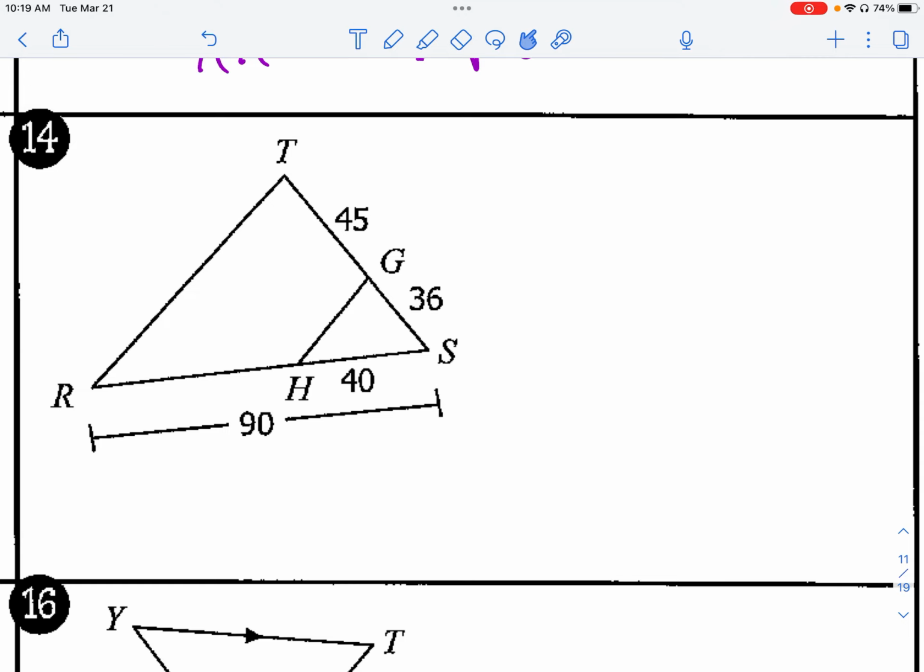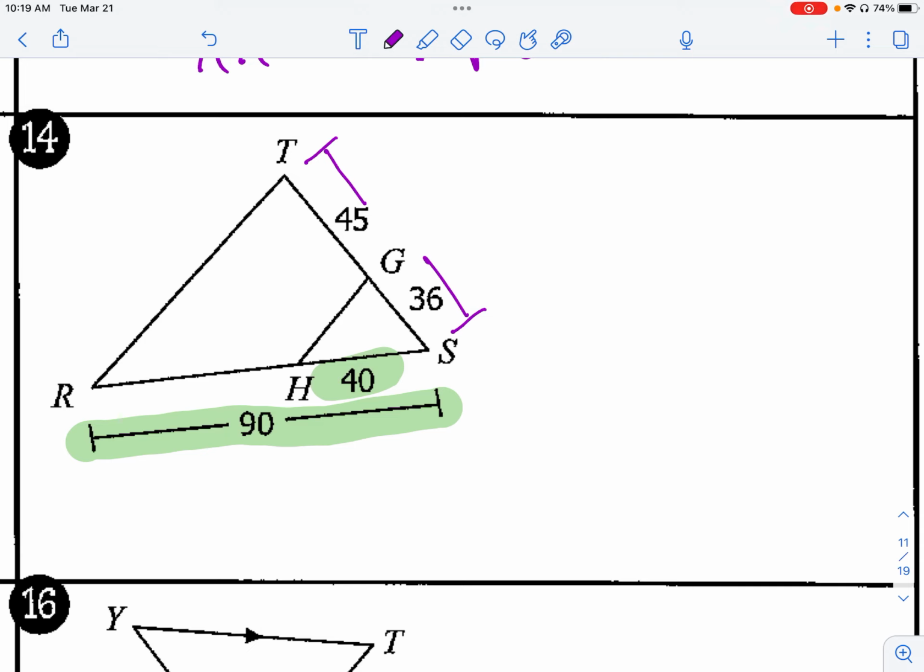14, we have a side, and we have another side. And here, they gave us this, which is going to go with here. So we got to remember to do the same thing right here.